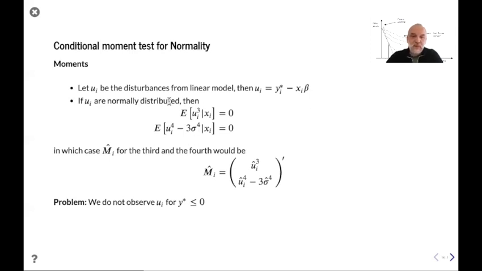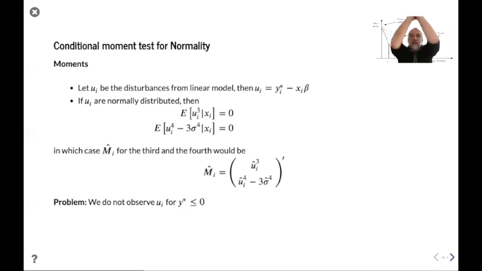Then you could test other moments too. The fourth moment is the kurtosis, if you've heard about that. What does that describe? It says something about how fat the tails are, and gives something about the shape of the distribution.